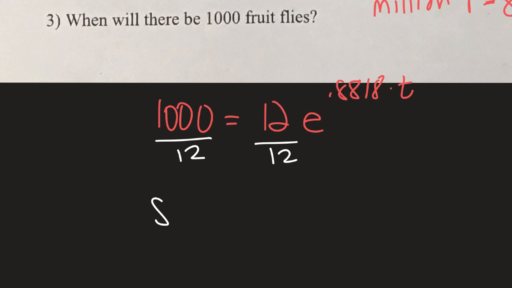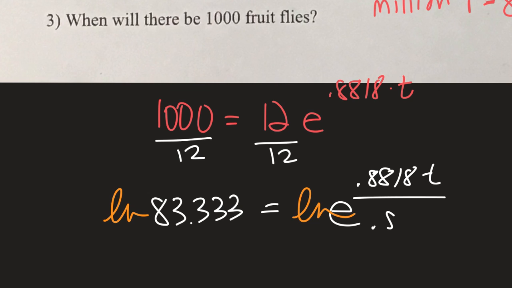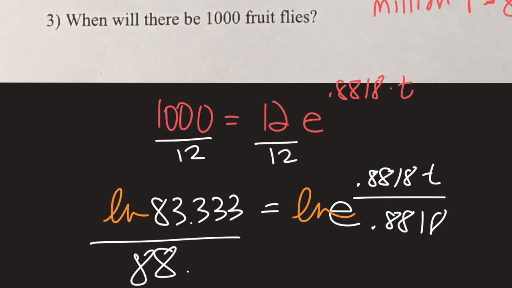That's 83 and change equals e to the 0.8818t. Now we can take the natural log of both sides to get rid of our base e. And then we can divide both sides by 0.8818.